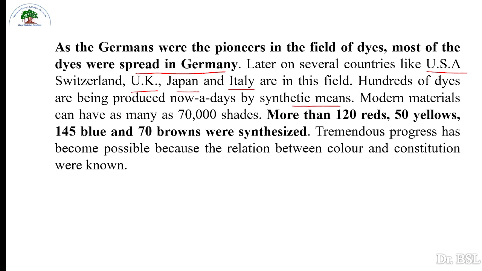Modern materials can have as many as 70,000 shades, more than 120 reds, 50 yellows, 145 blues, and 70 browns were synthesized. Tremendous progress has become possible because the relation between color and constitution was known and has been studied well.